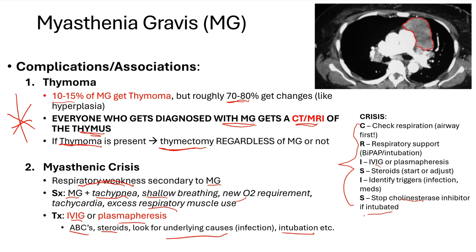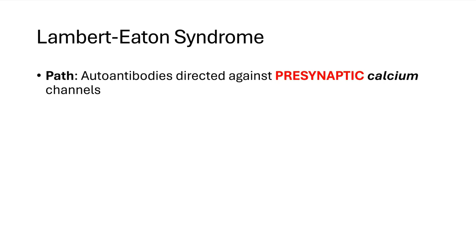Now that concludes myasthenia, but let's now discuss what it is typically tested against, Lambert-Eaton syndrome. This is an autoantibody directed against the presynaptic calcium channels, where MG is against the postsynaptic acetylcholine receptors. This leads to decreased release of acetylcholine into the neuromuscular junction.